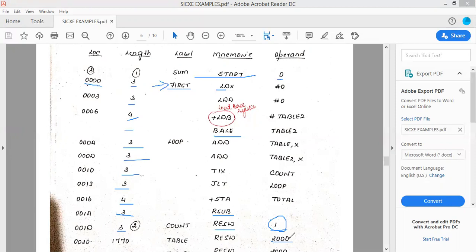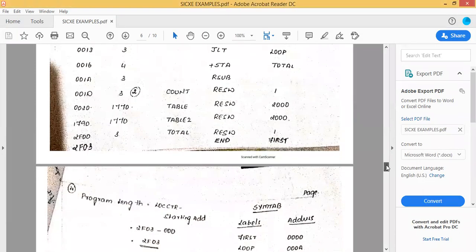Use your scientific calculator to convert decimal to hexadecimal. Everything written here is calculated in hexadecimal. 1770 is the answer after the conversion. Similarly, the other RESW 1 is multiplied with 3, which gives the value 3.